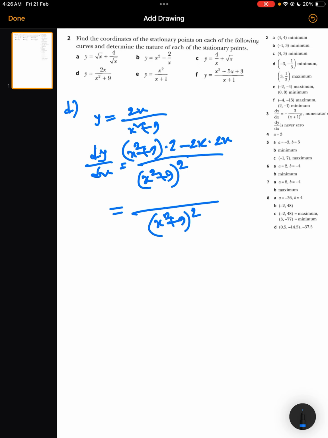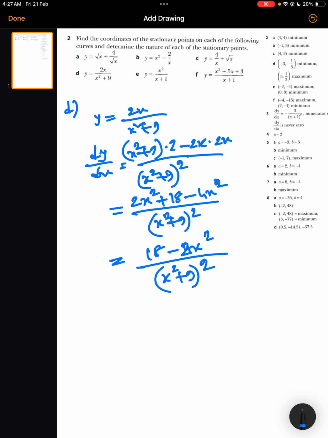The derivative is the numerator over x square plus 9 whole square, so 2x square plus 18 minus 4x square, so 18 minus 2x square over x square plus 9 whole square.